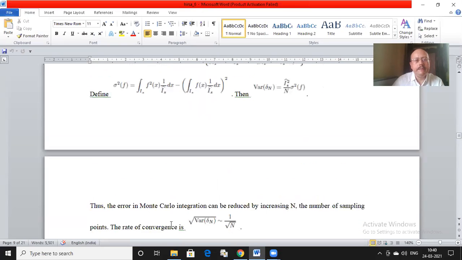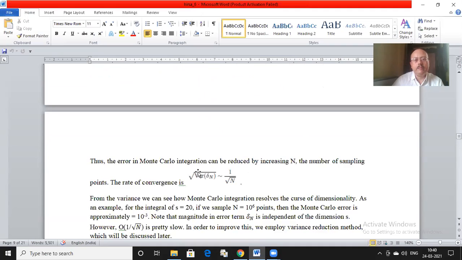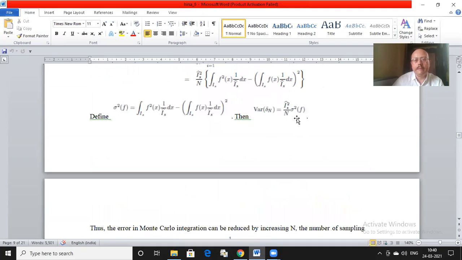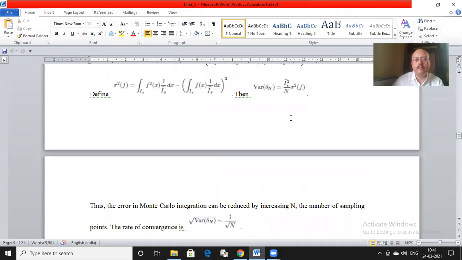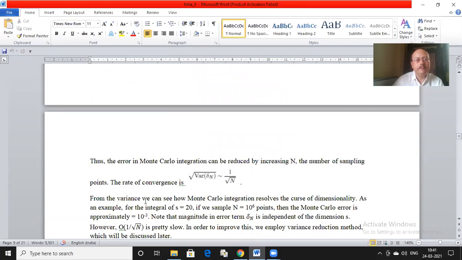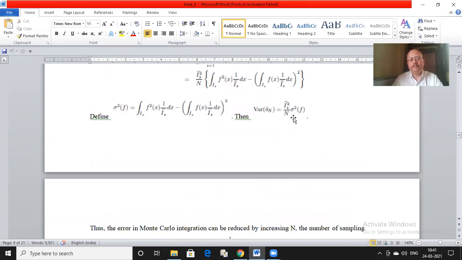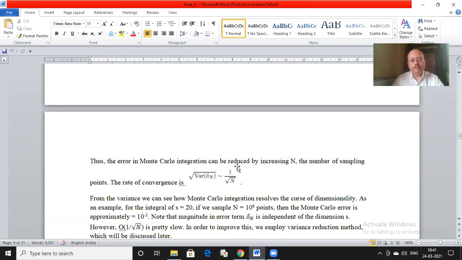We can say that the error of Monte Carlo integration can be reduced by increasing n, because n appears in the denominator with power 1. And the rate of convergence for the standard error will be roughly 1 by root n. This is the canonical result that we typically get from a simple random sampling scheme.